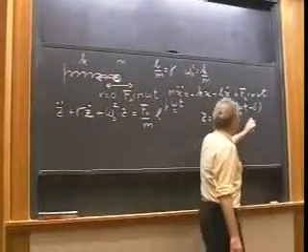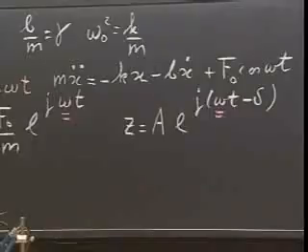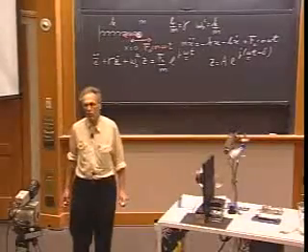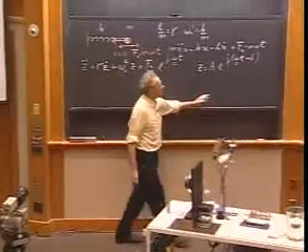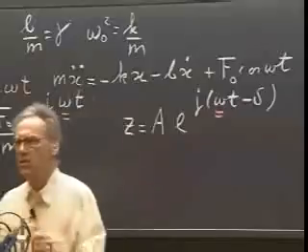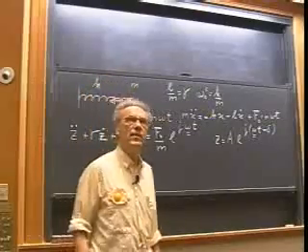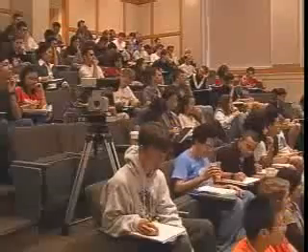And what is the meaning of this delta? Well, it is not at all obvious that the object will be in the same phase as the driver. It is possible that when the force is pointing in this direction, the object may be going in the other direction. And you will see that indeed can happen. And so this delta is a phase angle which takes into account the possibility that the driver and the object in their motion are not exactly in phase.